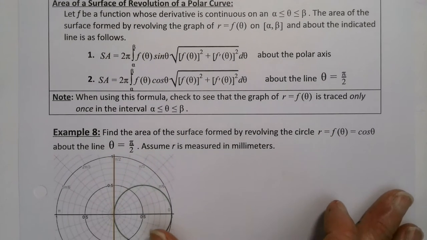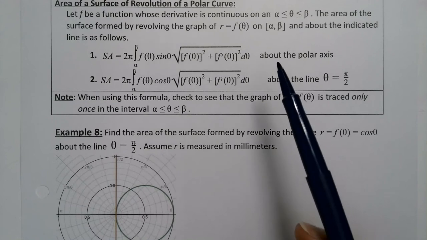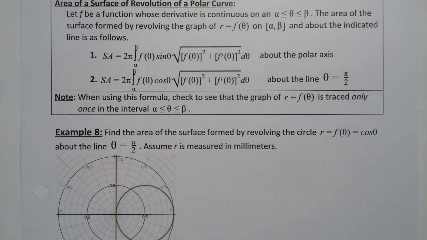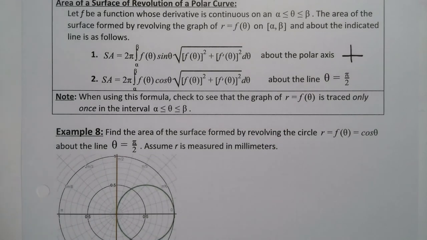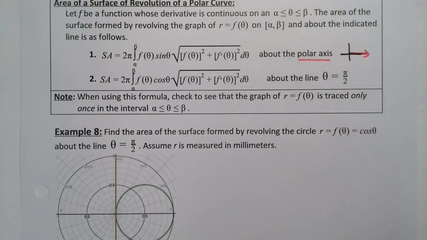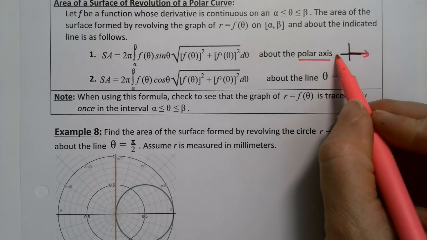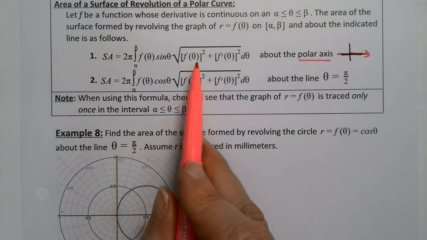as follows. Now I'm not going to derive these. I'm just going to tell you what they are and you use them. So if you're revolving around the polar axis, which of course is the positive x-axis that we know and love, so the polar axis would be revolving it around this piece. If you're revolving around that piece, or quite frankly the other side of it, that would be this formula right here.